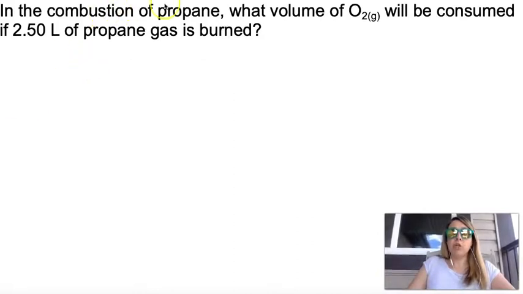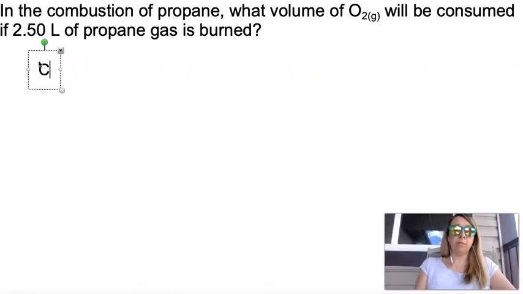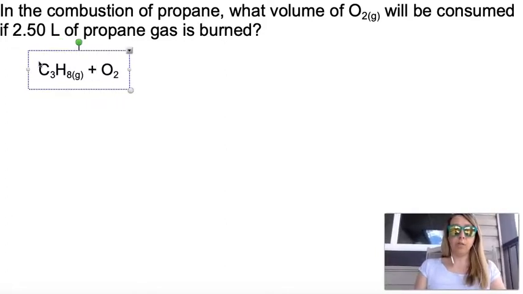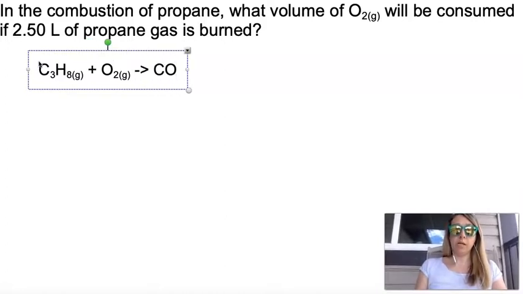In the combustion of propane, what volume of oxygen will be consumed if 2.50 liters of propane gas is burned? So we have propane, which is C3H8. Propane is what you use in your barbecue. It's a gas. Combustion, so plus oxygen, and we are going to make carbon dioxide as a gas, as well as water as a gas.